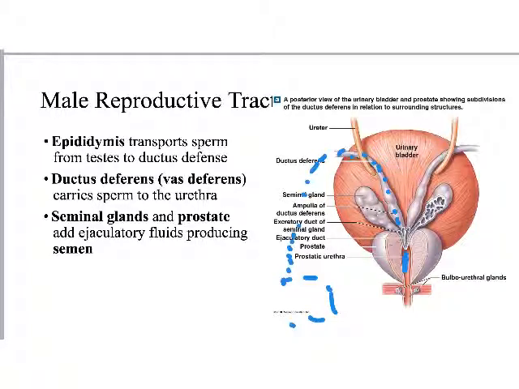Along the way, the sperm are going to be aided by various fluids that are produced from some glands. And the two primary ones are the seminal glands and the prostate gland, which you can see in the picture here. So those are the seminal glands there. And then the prostate gland is kind of an almost walnut-shaped gland that surrounds part of the urethra.